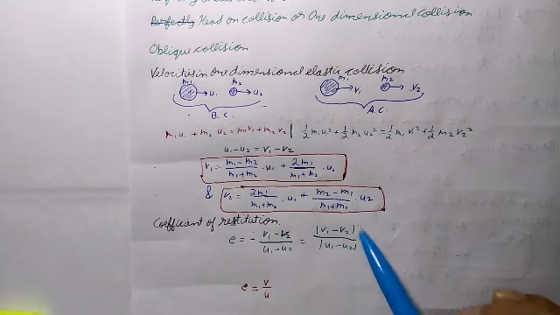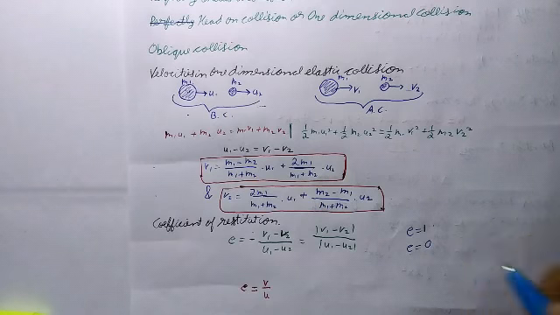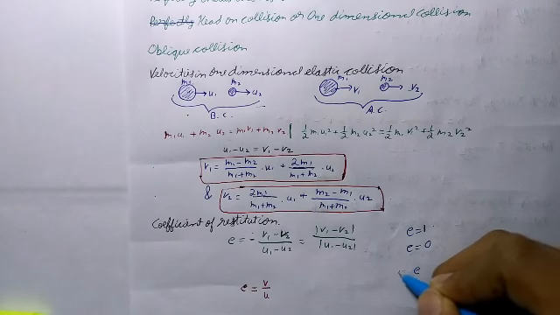For a perfectly elastic collision, e equals 1. For a perfectly inelastic collision, e equals 0. Hence, e remains between 0 and 1.